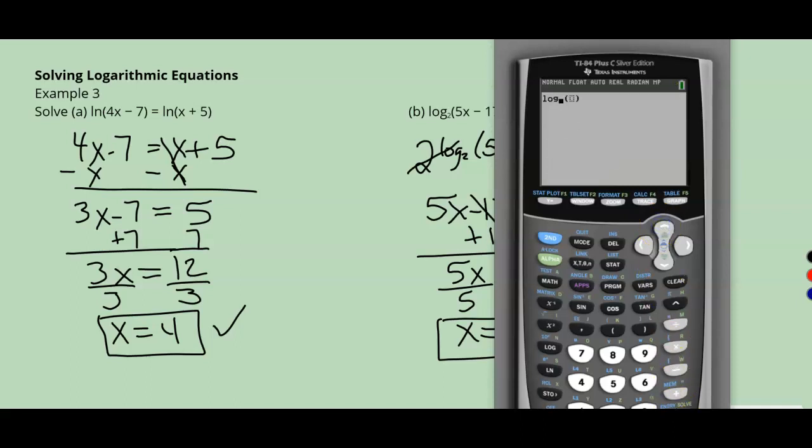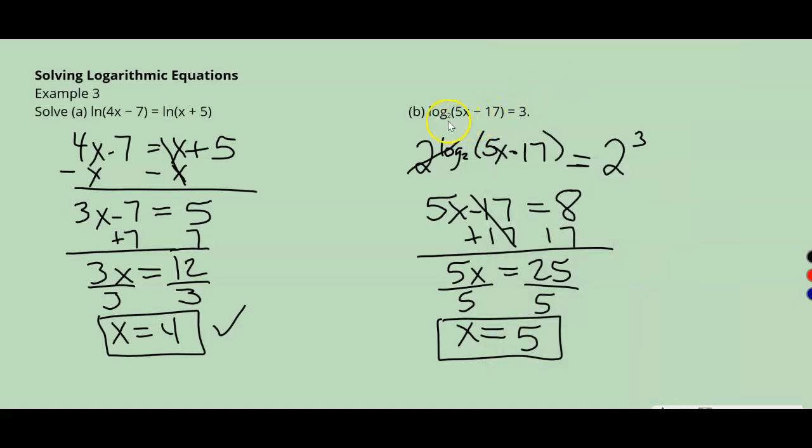So we're going to go log base 2 of 8. Basically, 2 to what power gives you 8? And that is a 3. So you can see that if you evaluate the left side, 3 equals 3. And again, you can quickly check and make sure that you did that correctly.